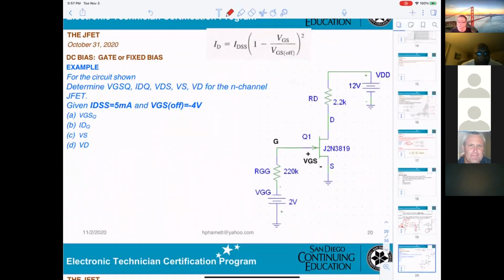VGS at the center frequency? No. What does Q mean? The Q point of VGS. That is a Q point.